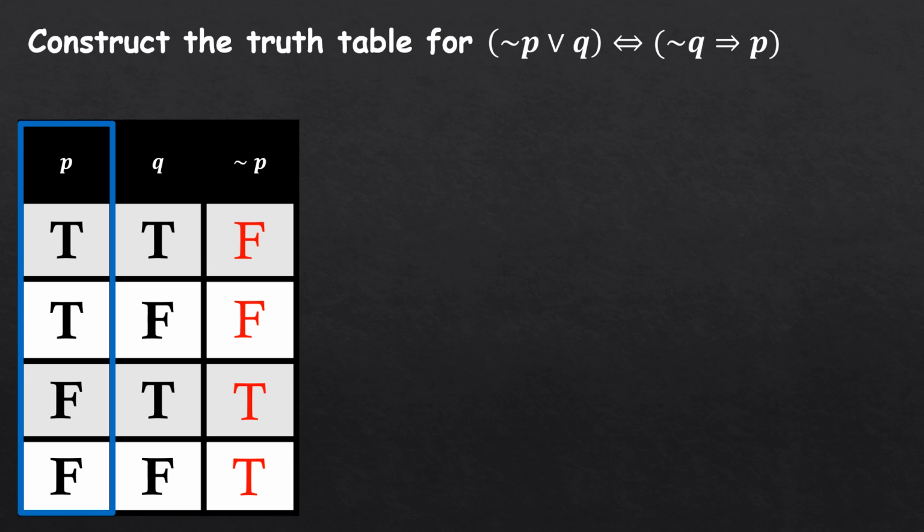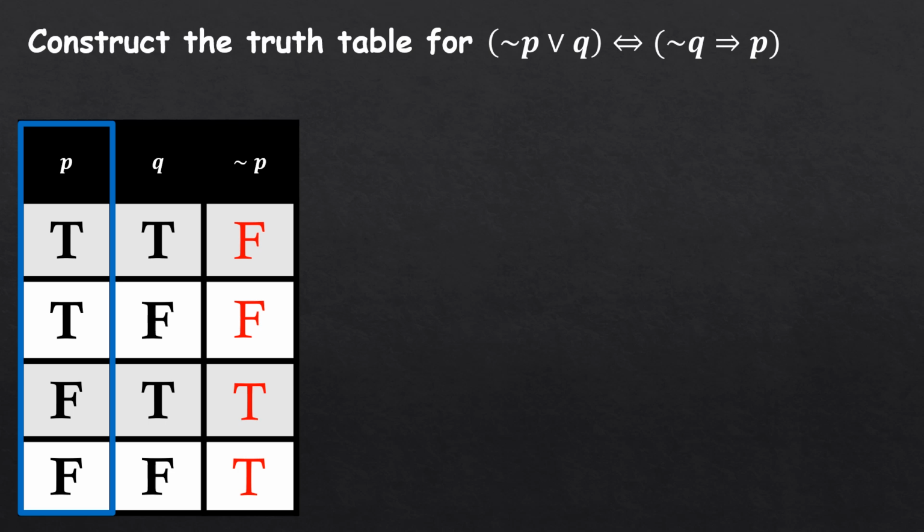If they are not, the next column can be the variable that is not yet given in the truth table. Or you can immediately evaluate the term inside the parentheses, not P or Q.